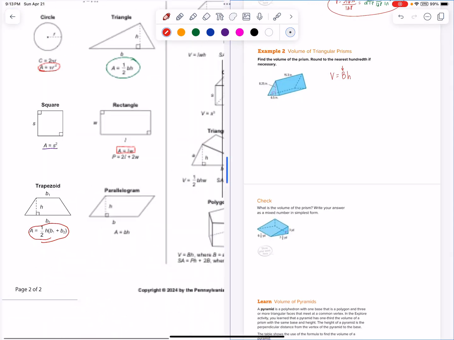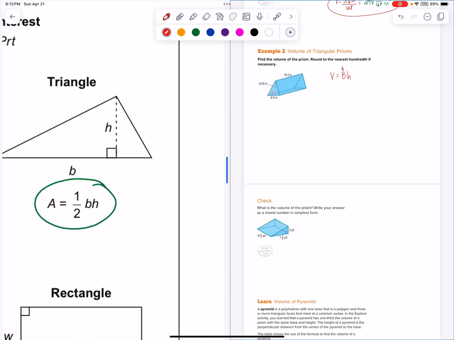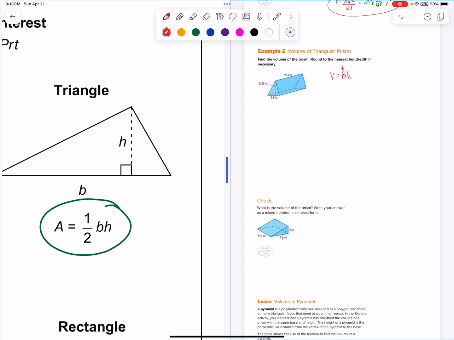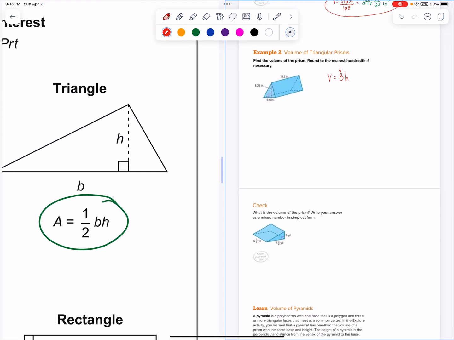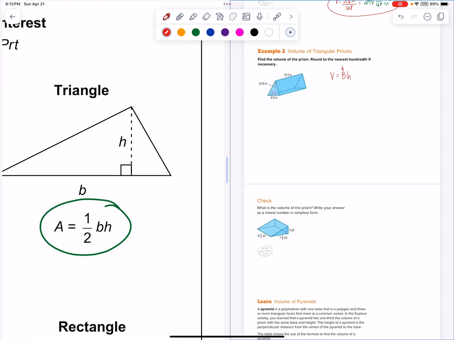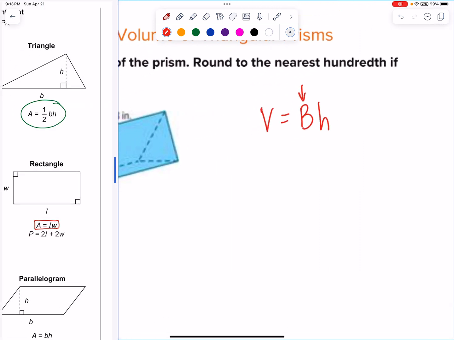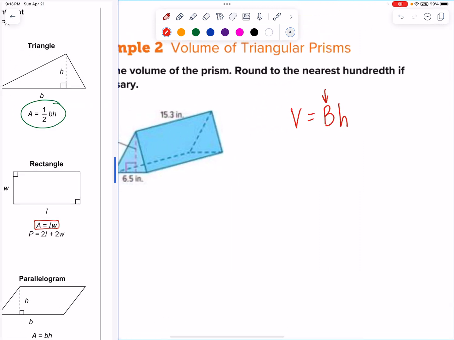You should go to triangles and be like, oh yeah, it's 1/2 base times height. So the area is 1/2 base times height. So here's what we're really plugging in here. So the volume is 1/2 base times height times the actual length height.